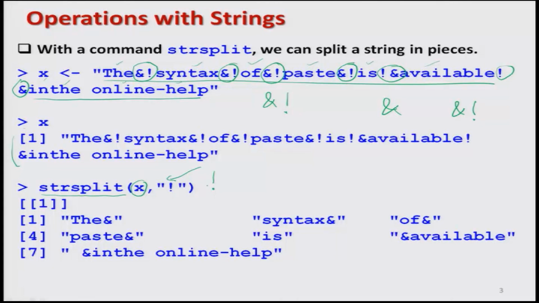Now I remove this circle so that I can show you how this split is happening. My separator here is this sign. So I try to find out where this sign is. You can see this sign is here, here, here, here, here, and here. As soon as I give this command on the R console, I get this outcome.